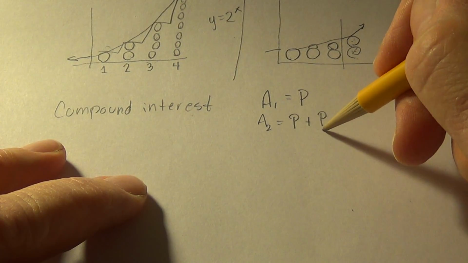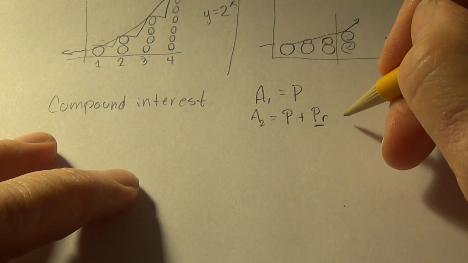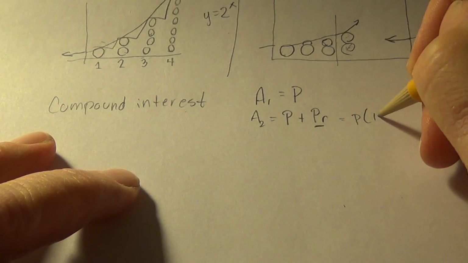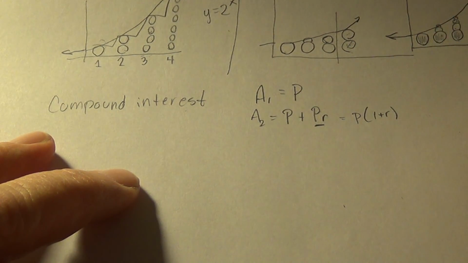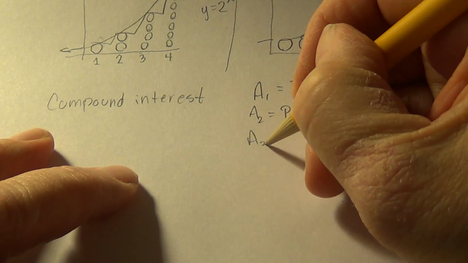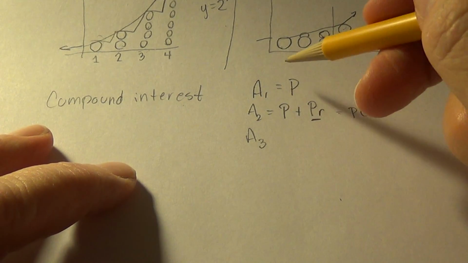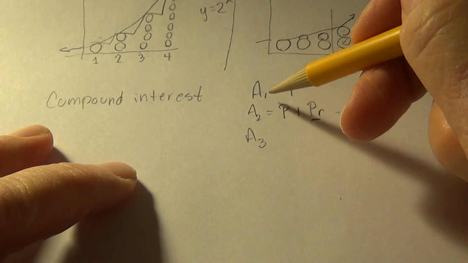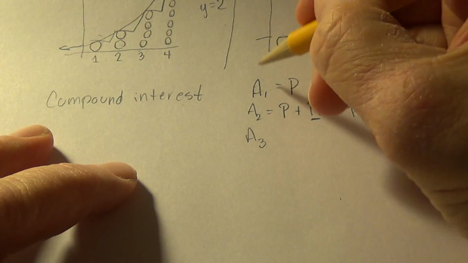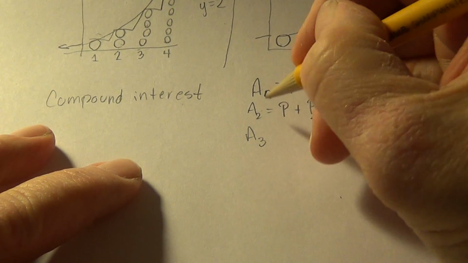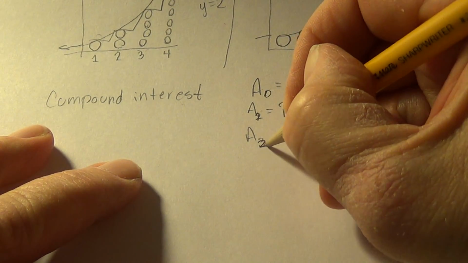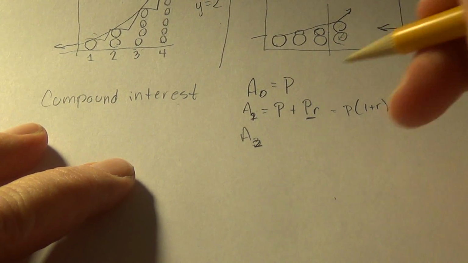So it'll grow by this amount. So I can rewrite that, factoring out the P, as P times 1 plus R. And then the third year, this is really the beginning. So this is the end of, let me call this A sub 0, A sub 1, A sub 2. So this is really the end of 2 years.